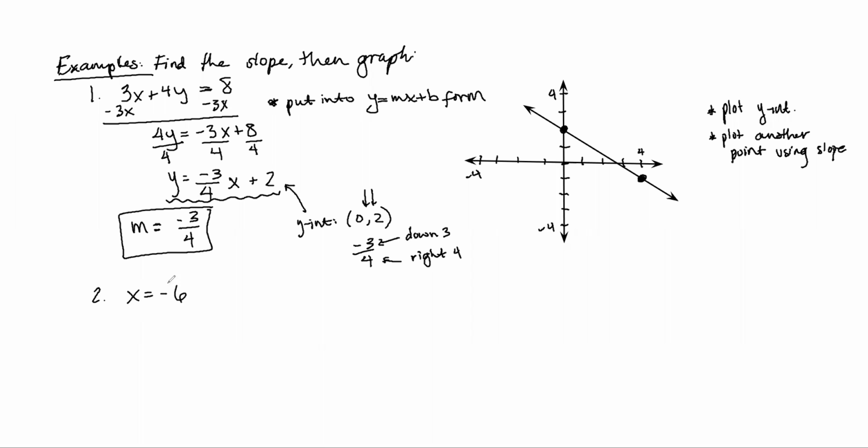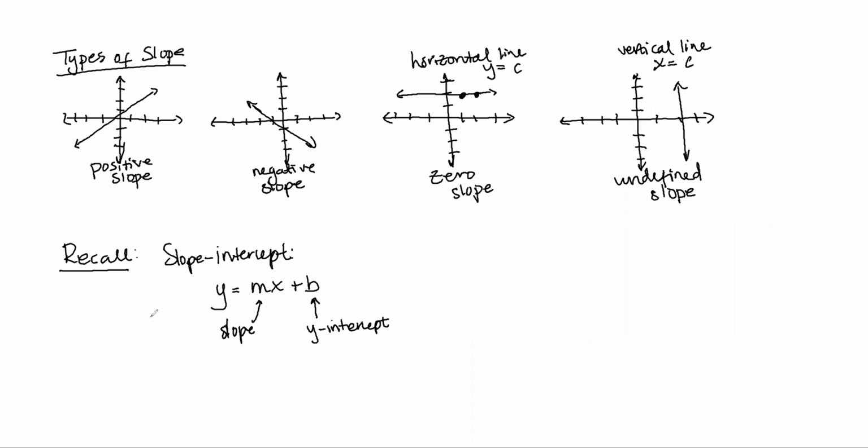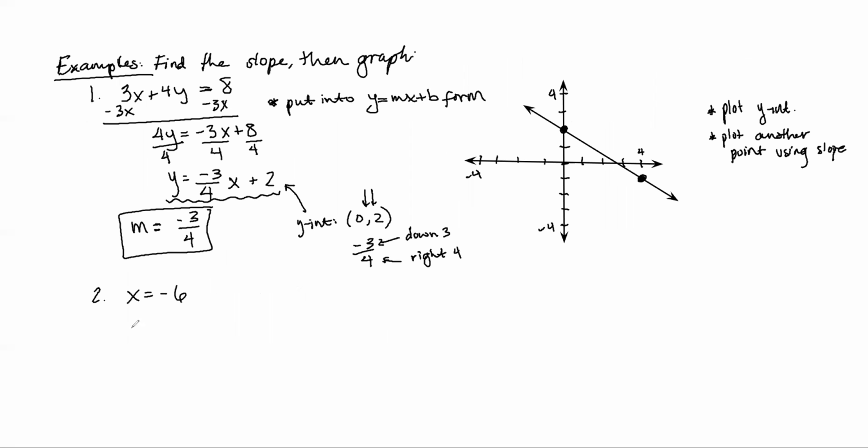So what we're going to do is leave it in this form, but you should be able to identify, if we go back to our graph, we have something in this form right here, where it's x equals some number. So that tells us that we have a vertical line with an undefined slope. So the slope, or m, is undefined.